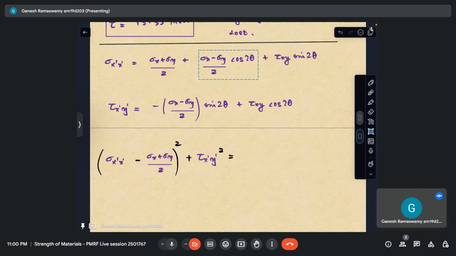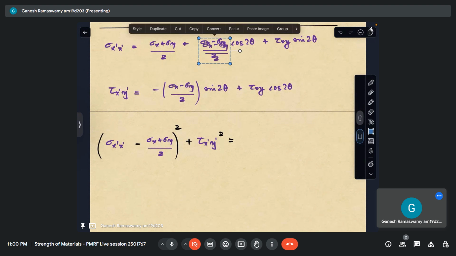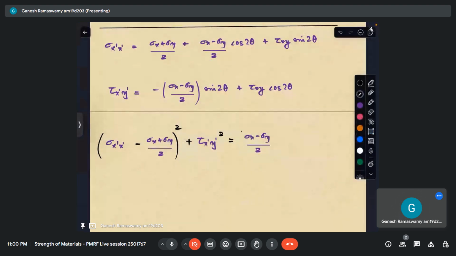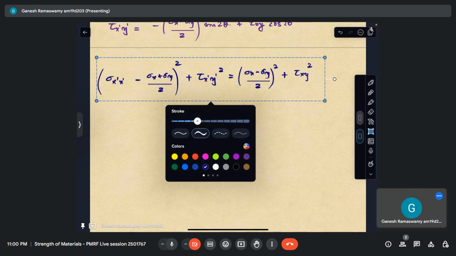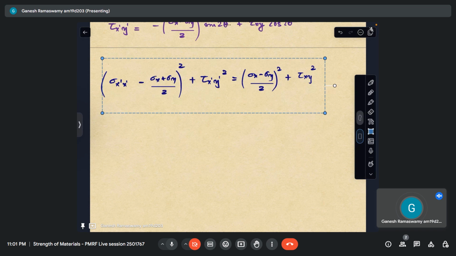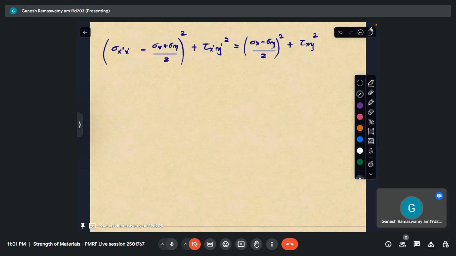We can see that this squared plus this squared basically drops the negative sign. Cos square 2 theta plus sin square 2 theta is 1. So this just leaves us with this quantity on the right side, the whole square, plus again when we square and add these two, we get only tau xy squared remaining. So this equation we have been able to get by simple manipulation. So this is of the form.